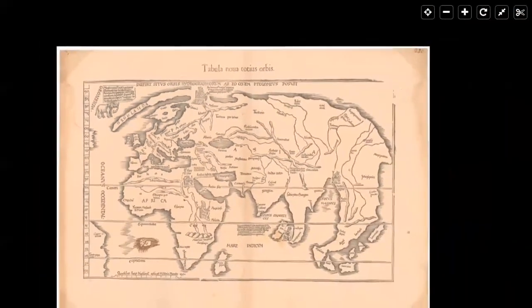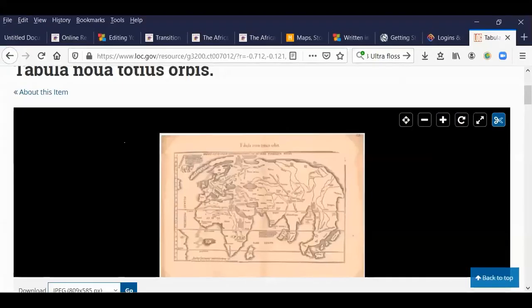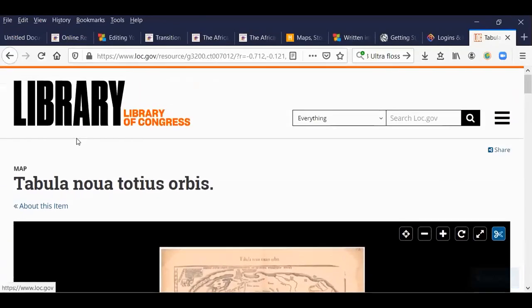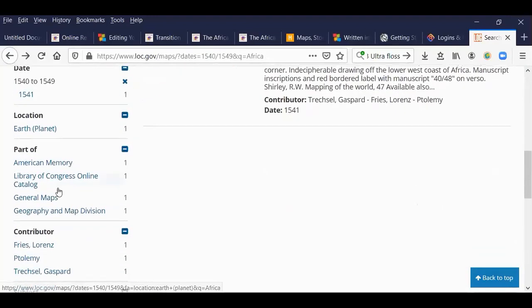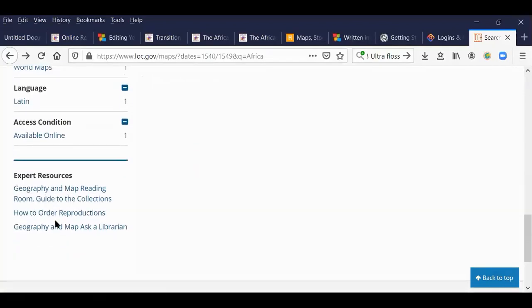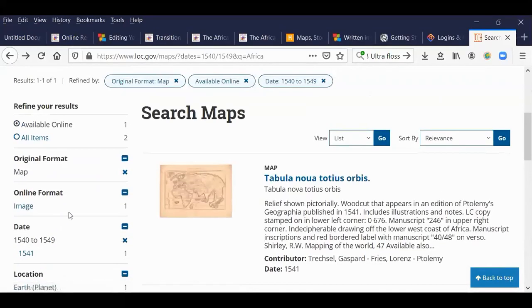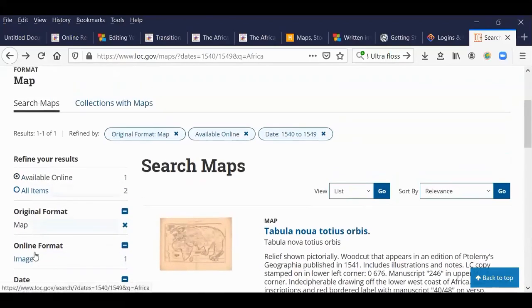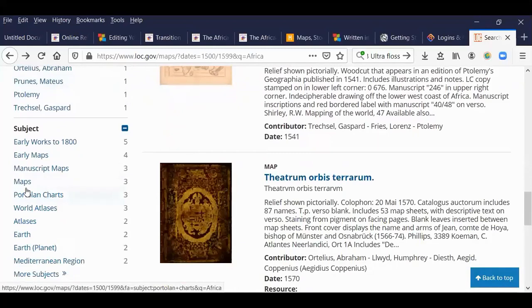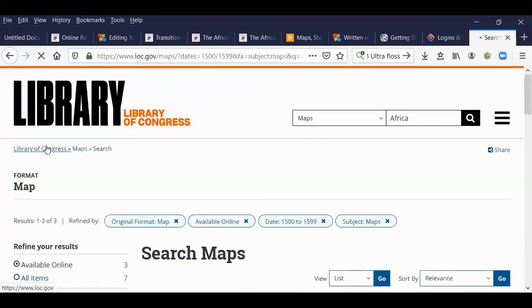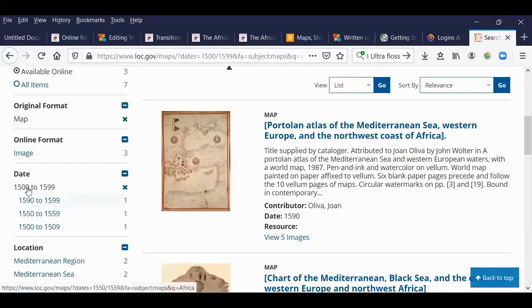If you get out of the Africa category, you can look at some of the other early maps of other parts of the world as well. But let's take a look at some of the other Africa maps from different periods. Again, a little bit later, you can locate the time frame you want over here on the left-hand side, and in fact indicate that you want to look at a later period, and maps to 1800.